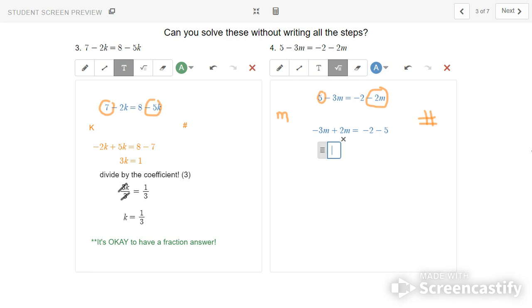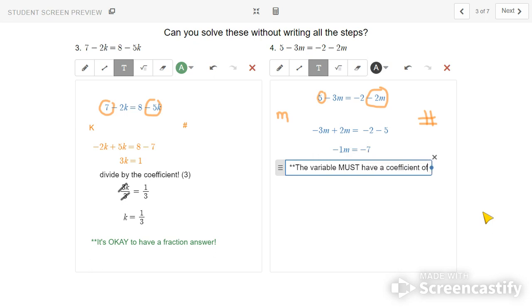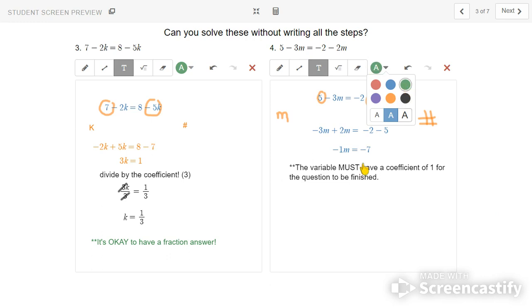Now, let me continue to simplify. So I have negative 1m is equal to negative 7. Now we're not done yet because the coefficient here is not 1, sorry, it's negative 1. A variable must have a coefficient of 1 for the question to be finished.